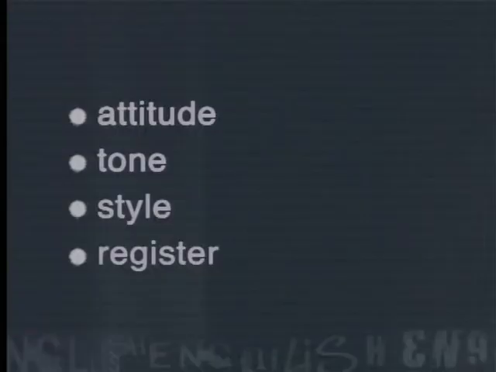The techniques that we've used to analyze this column can be applied to any article or text that you are given. Remember to look out for the following features: attitude, tone, style, and register. It's now time for you to put into practice these techniques.